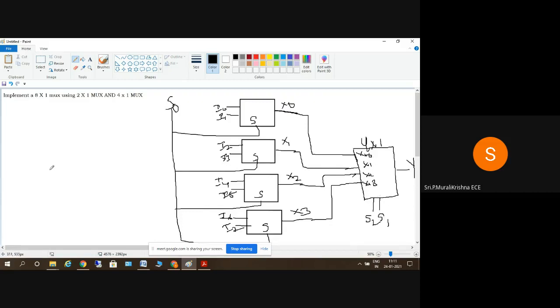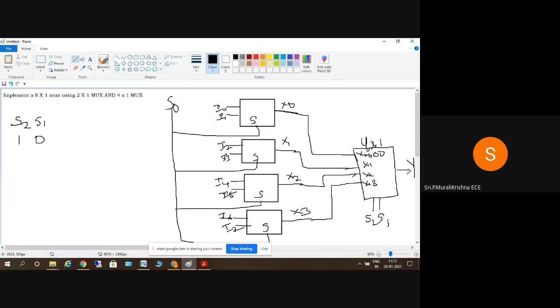For example, the values of S2, S1 I'll make 1 0. So if it is 1 0, what is the output Y? It is x2. When S2, S1 is 0 0, x0 will be the output. So Y will be equal to x0.